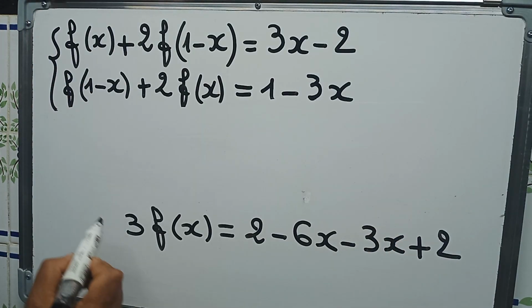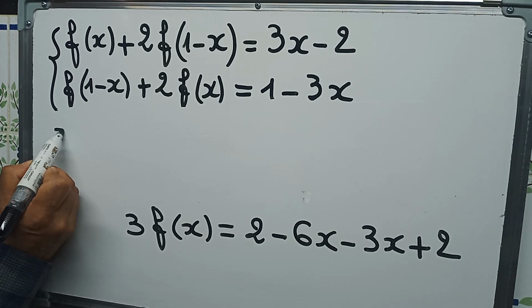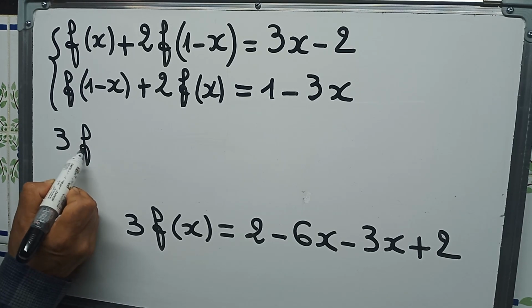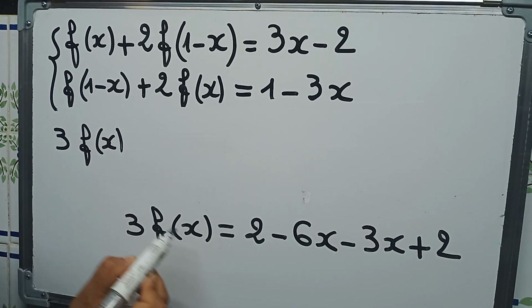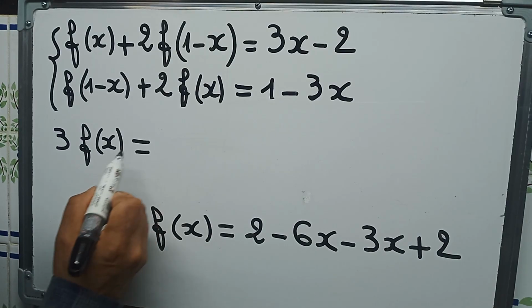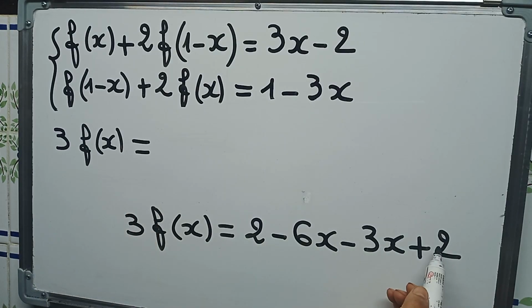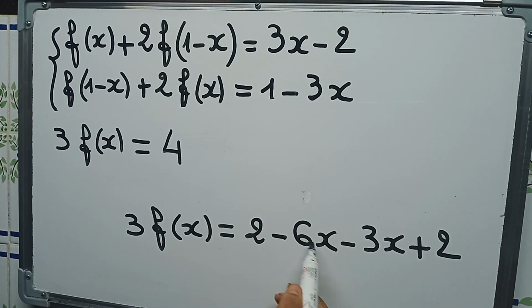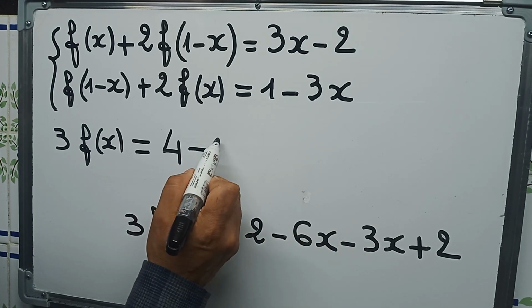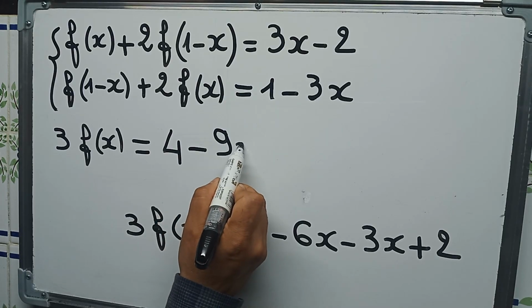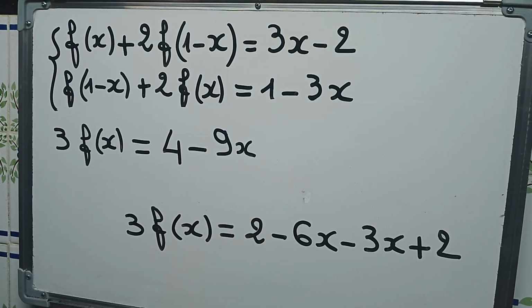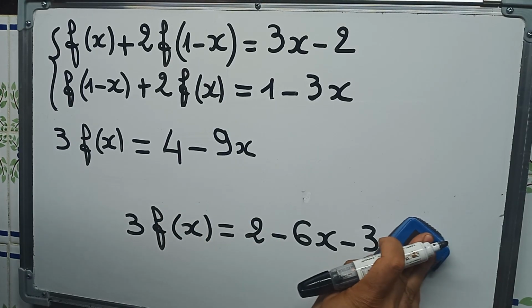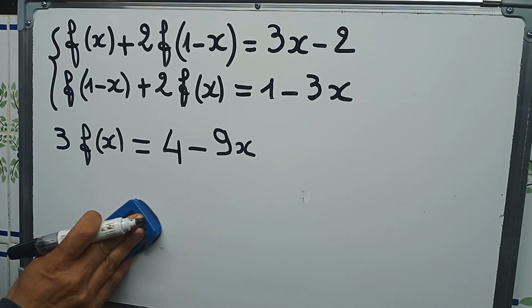From here we have 3f of x is equal to, here we have 2 plus 2 is equal to 4, minus 6x minus 3x, minus of course 9x. And the final step is just to divide by 3.